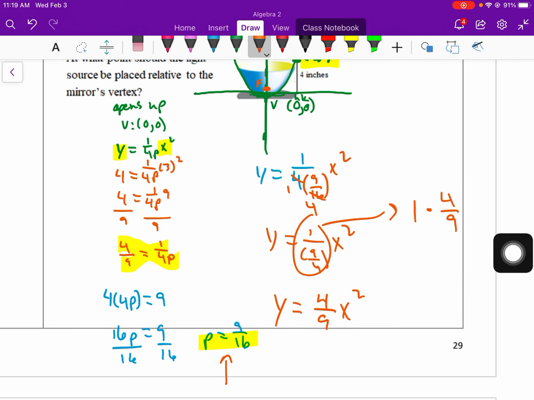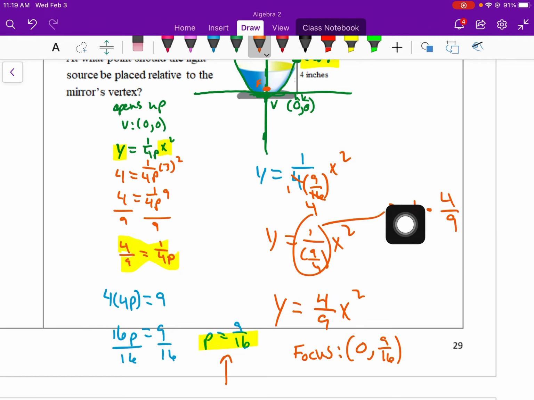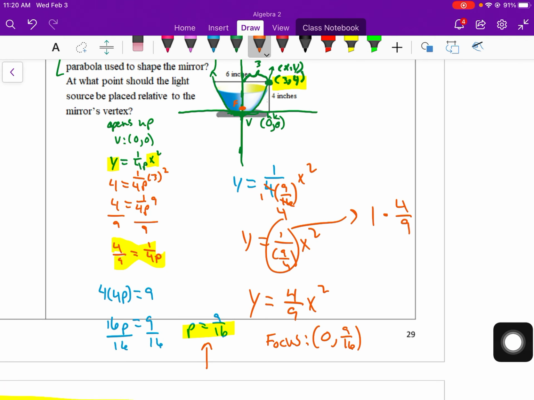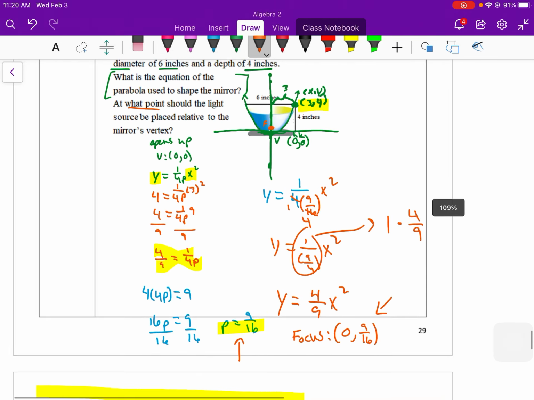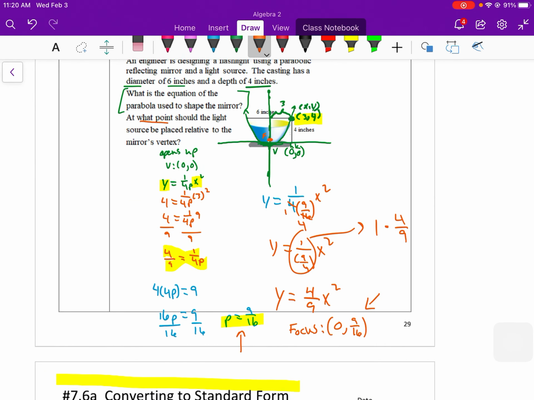So for an ordered pair, our focus point is going to be 0, 9/16, because we go up 9/16 from 0, 0. So for the second question, at what point? This is the point at 0, 9/16, or 9/16 units up from the vertex, which, since it gives us units as inches, would be 9/16 inches away.